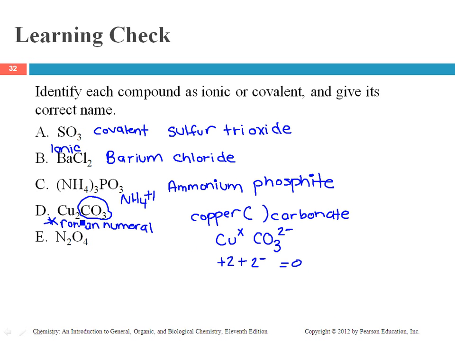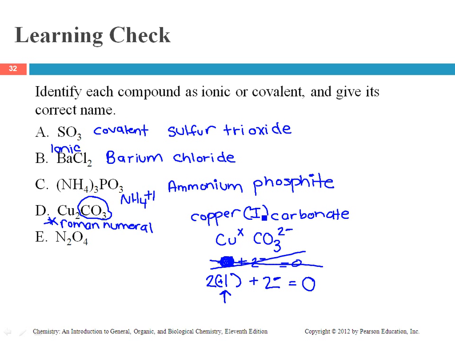Okay, we've got 2 copper atoms. Okay, we can't forget that. We've got 2 copper atoms. We only have 1 carbonate. Okay. So our ionic charge only has to be 1.